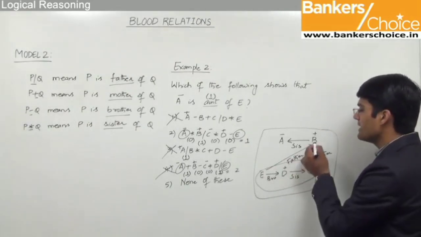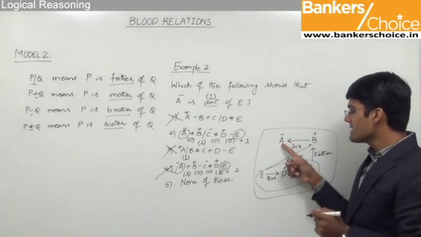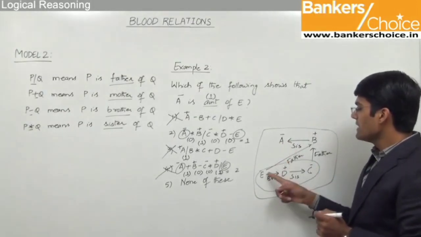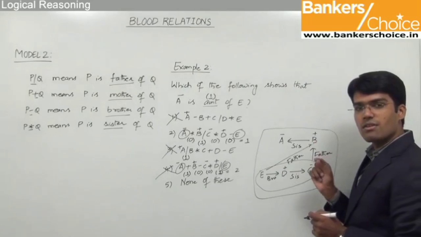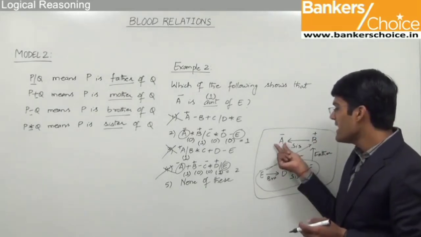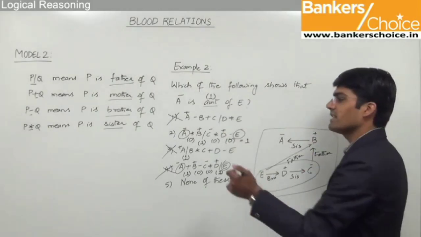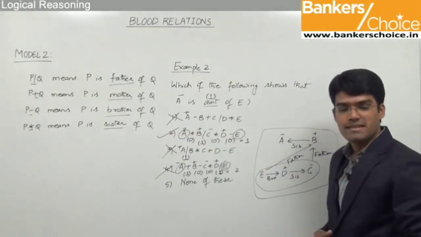So E's father's sister is A. So we can say that A is the sister of E's father. Sister of E's father is nothing but E's aunt. So very clearly A is the aunt of E, and that is the given question. So we can say that option 2 is the correct answer.